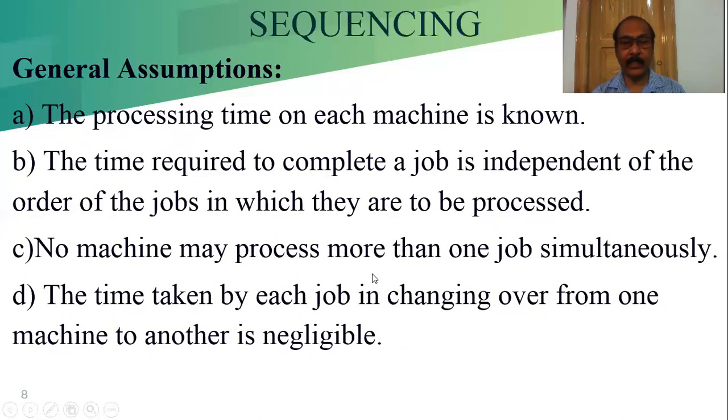That means when you are shifting a job, suppose J1, from machine MK to MK plus 1 after completion, that time is lost. That lost time we consider negligible. We are not considering the time lost while one job shifts from one machine to the other machine.